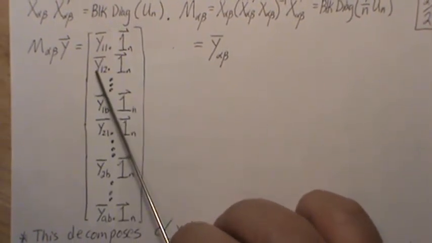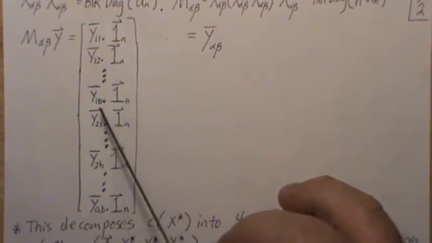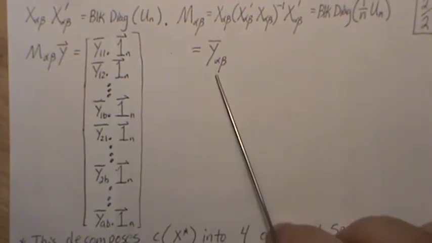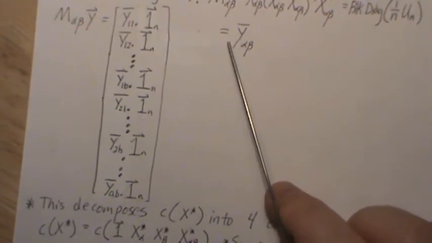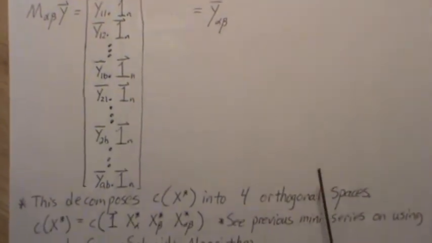The next cell is the sample mean of 1, 2, repeated n times, and it just keeps going through all A, B levels, and we generically call it Y alpha beta bar, or the mean of the interaction of alpha and beta.